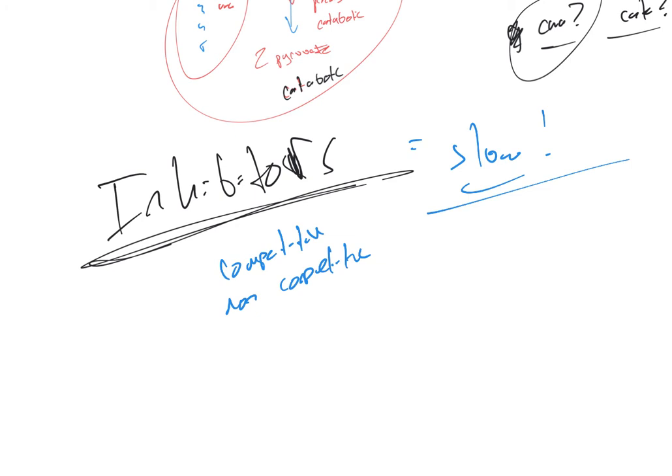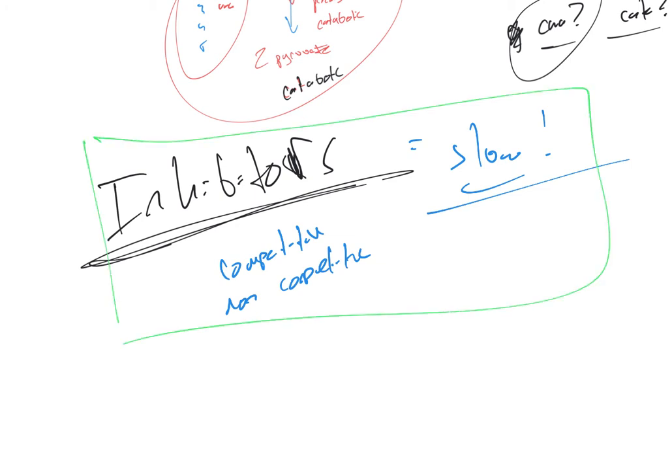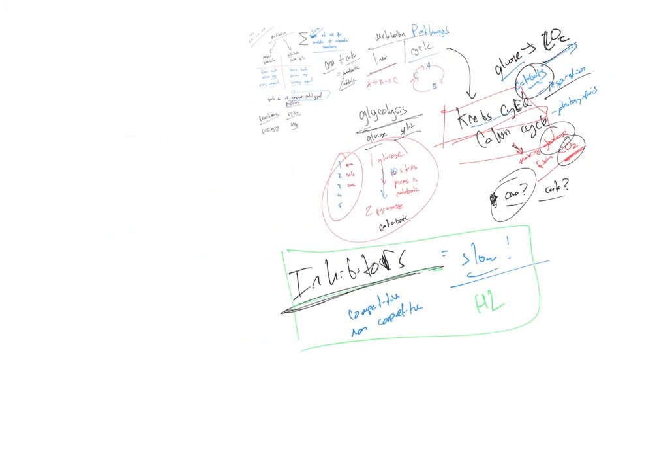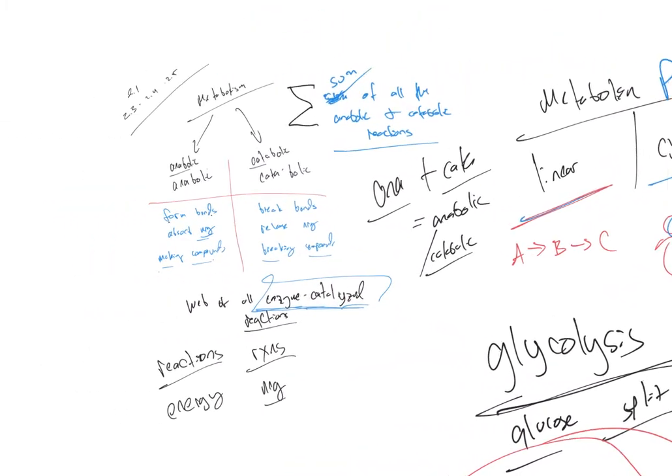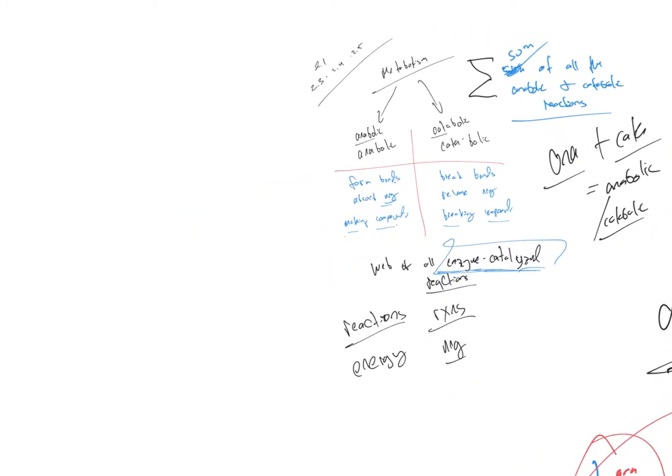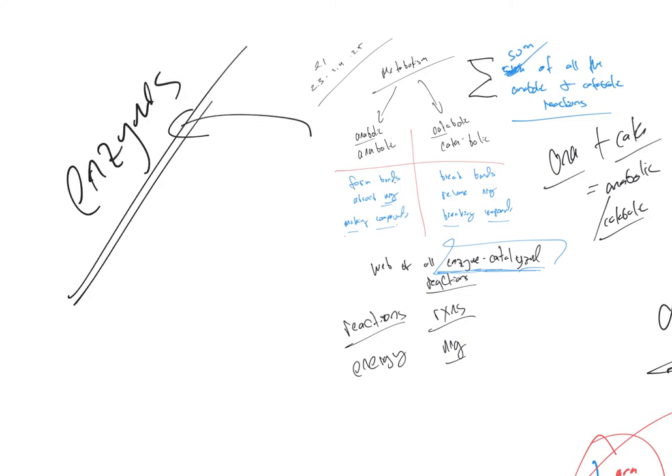You know what? This is HL. We will come back to this. I hope everybody knows the word inhibit. Inhibit means to slow things down, so inhibitors can slow down a pathway. This is obviously connected to enzymes. Enzymes we will cover another time.